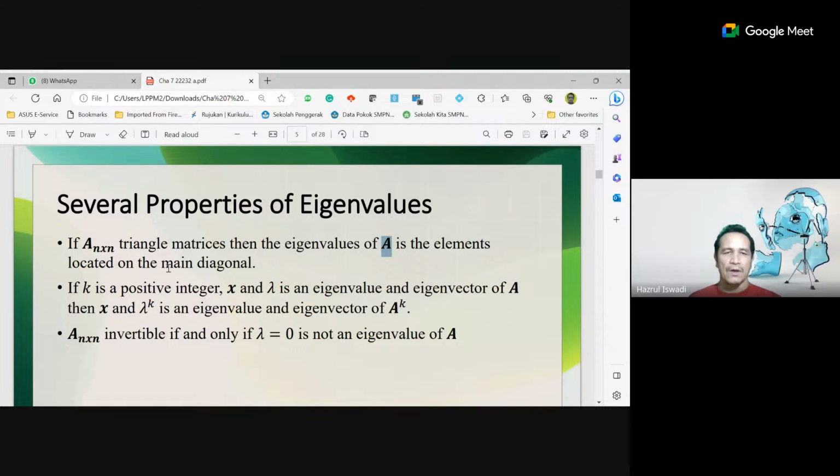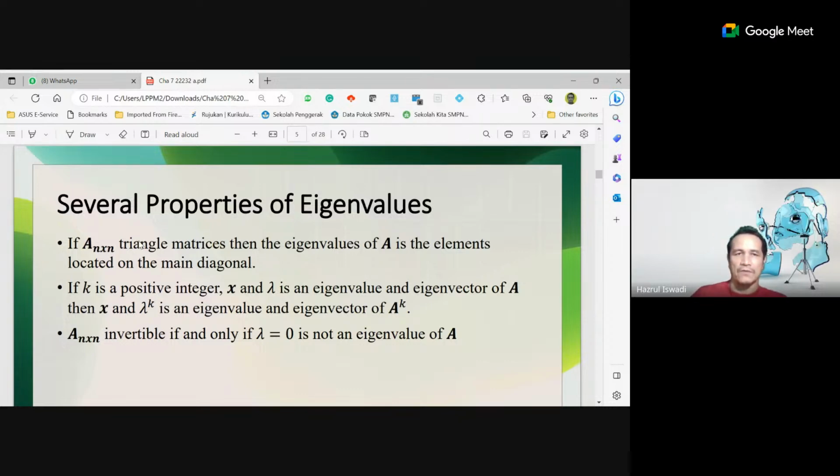This is useful to find eigenvalues easily. Triangular can be upper triangular or lower triangular.